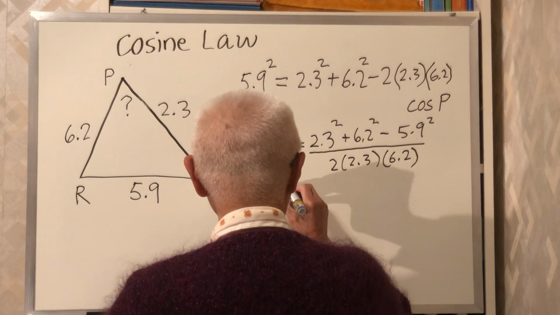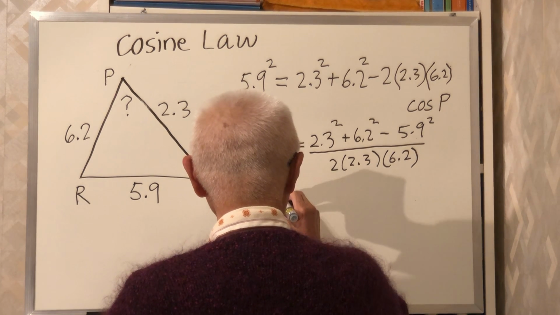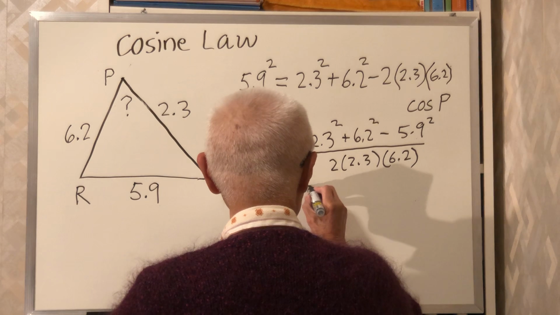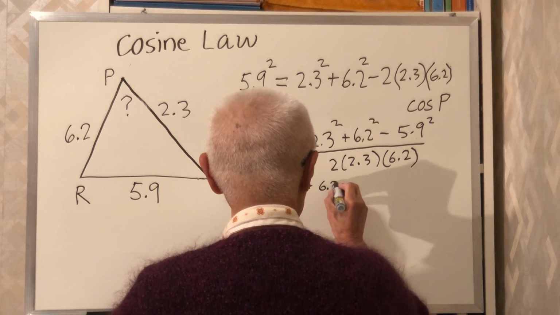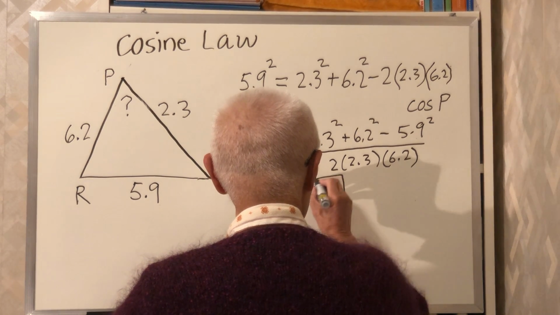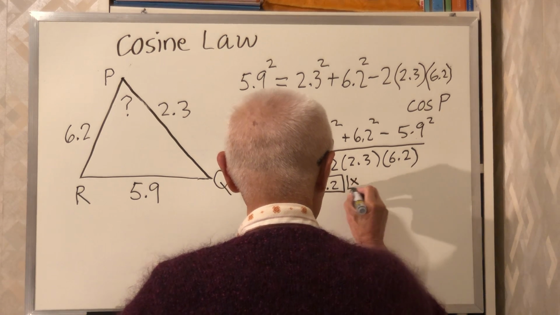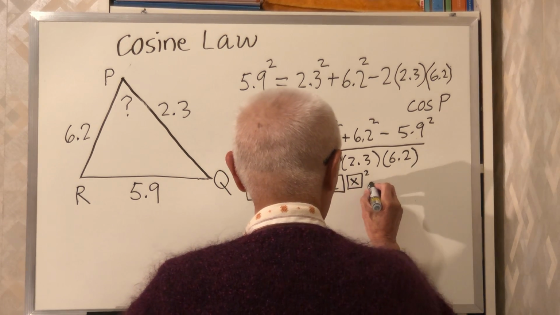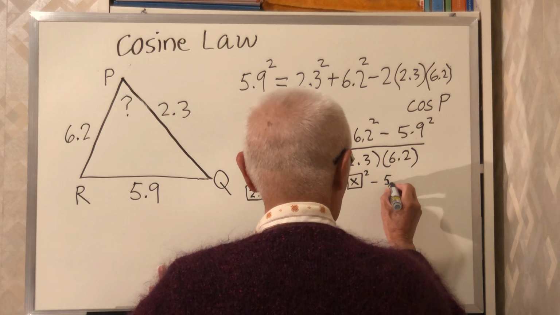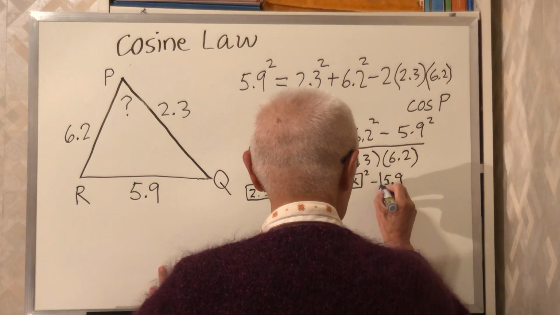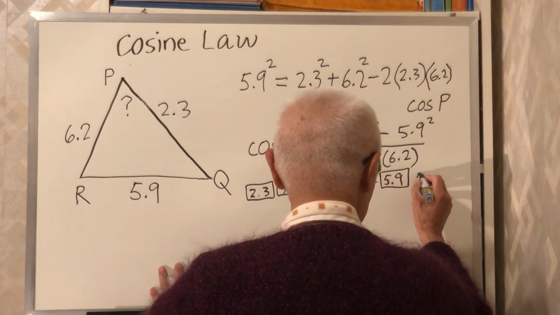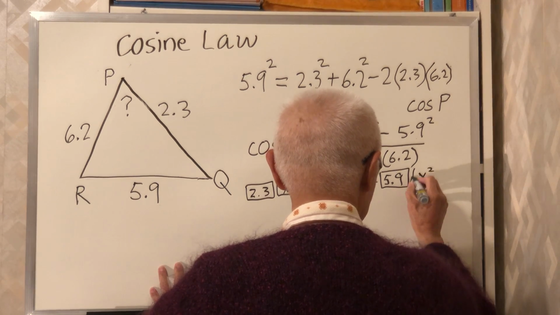Enter square. So square is x squared, this button, plus 6.2, enter the square button, minus, enter 5.9, enter the square button.